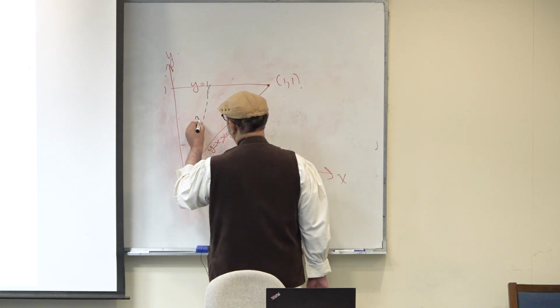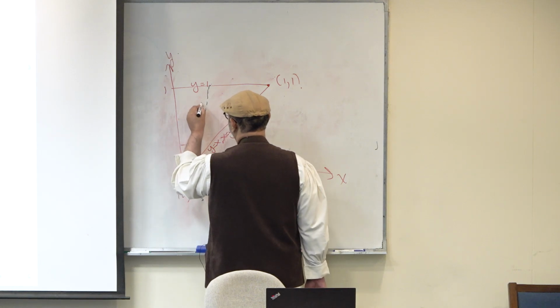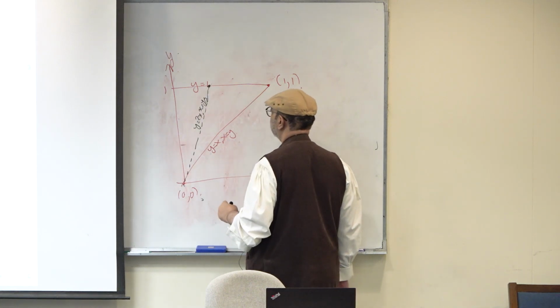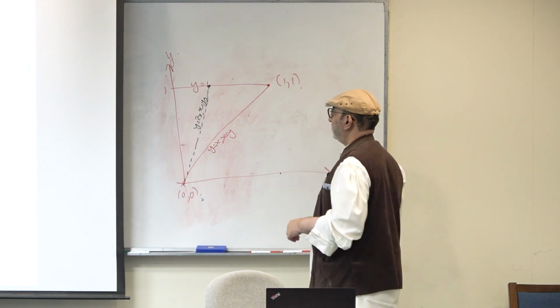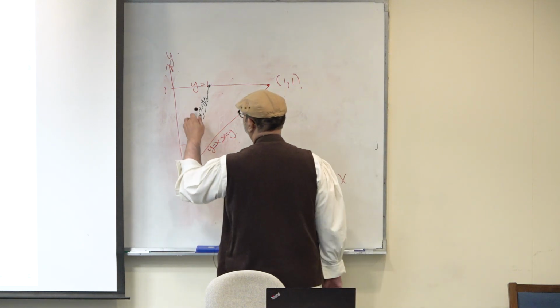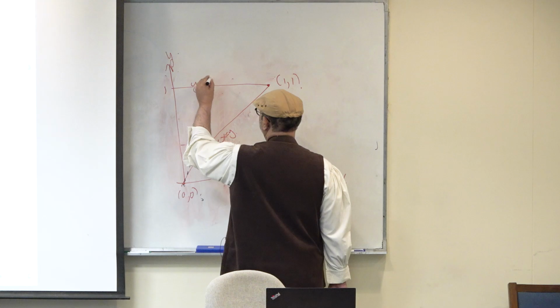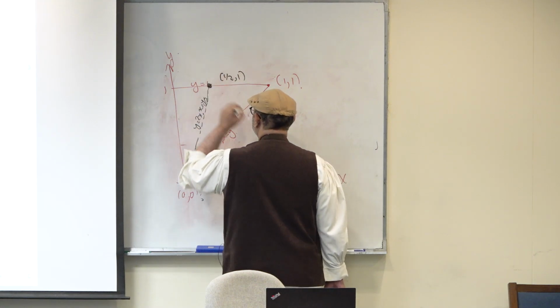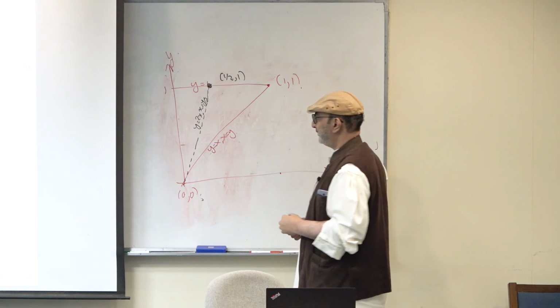This is y equals 2x, or x equals y over 2. What's this point here? Okay, y equals 2x, right? So if y is 1, x is a half, right? So 1/2 and 1. That's this point over here. We might need it, possibly.